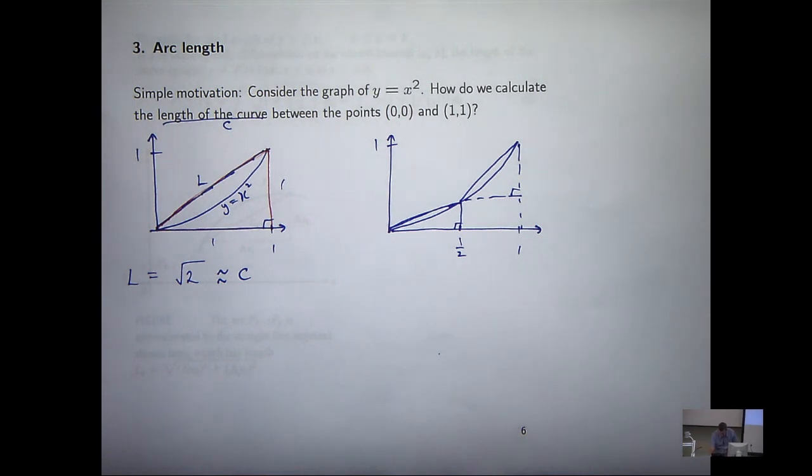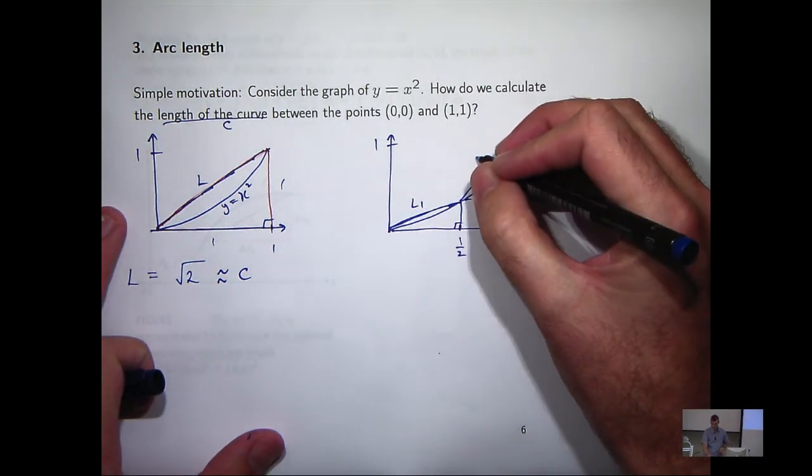So what I can do now is calculate the length of those two little line segments, and they're going to give me a slightly better approximation. So let that be L1 and that be L2.